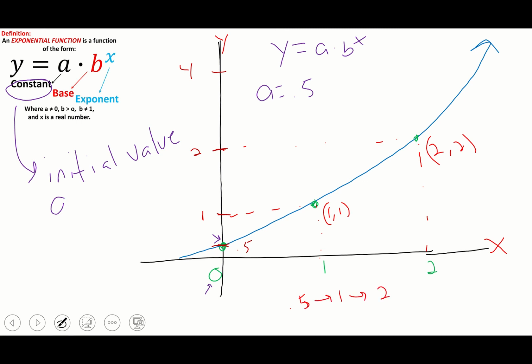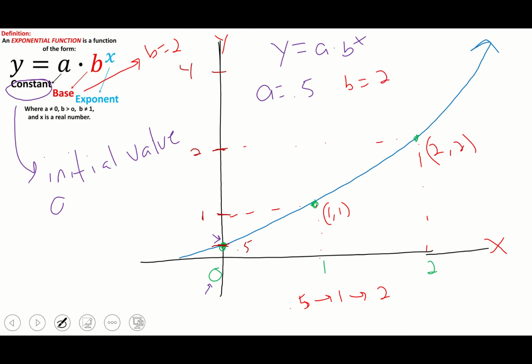In this case, we can easily say that it's doubling. So 0.5 doubled is 1. 1 doubled is 2. So it's doubling each time. Doubling is a factor of 2, which means that our base, our change, is 2. So b equals 2.